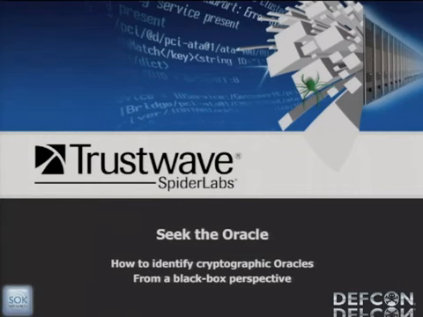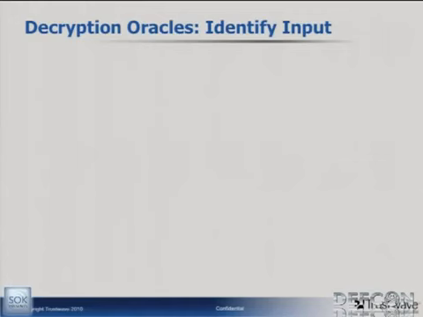So now let's talk about how you can find oracles in web applications anyway. The first thing you're going to want to do is to try to identify input. Now when we're trying to identify oracles, it's easier for us to identify encrypted data. It's a lot easier to find than data that's going to be encrypted, because how can we tell?